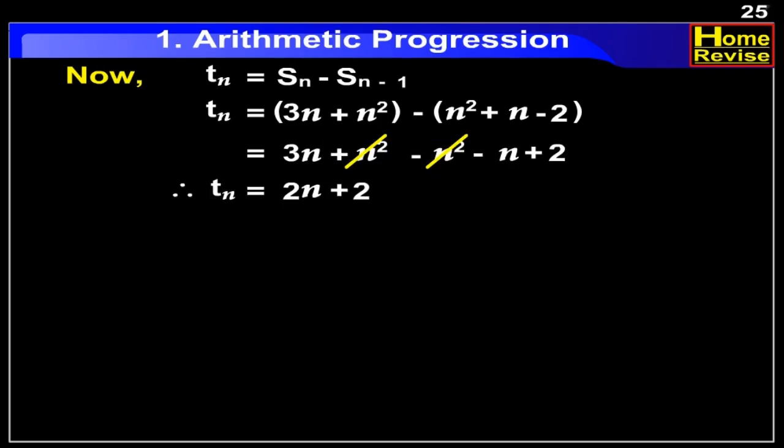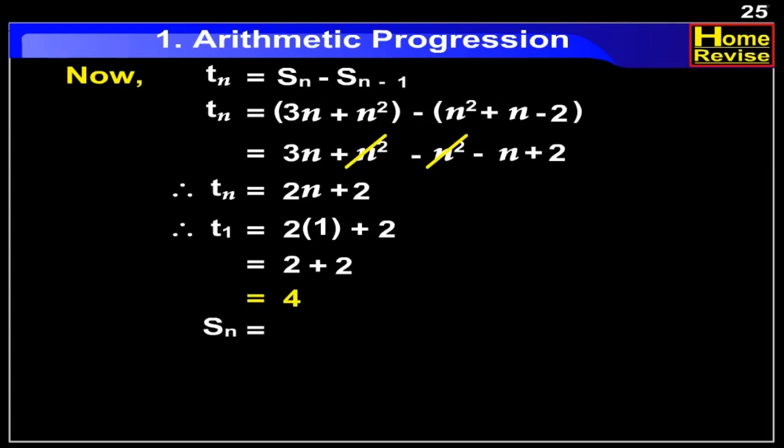Now, the first term, that is T1, will be equal to 2 into 1 plus 2, which is equal to 2 plus 2, which is equal to 4. Therefore, first term is equal to 4. Now, Sn is equal to 3n plus n square.